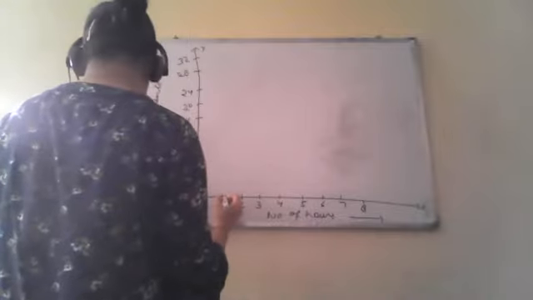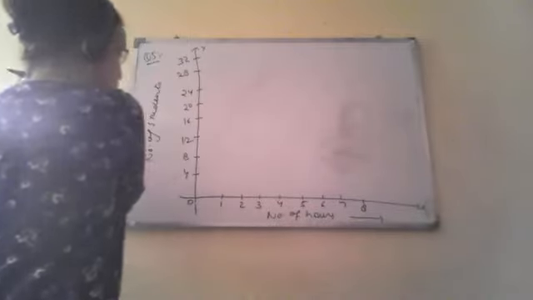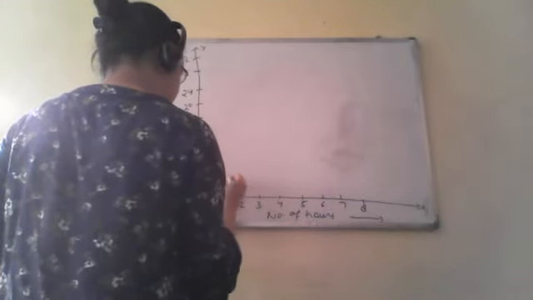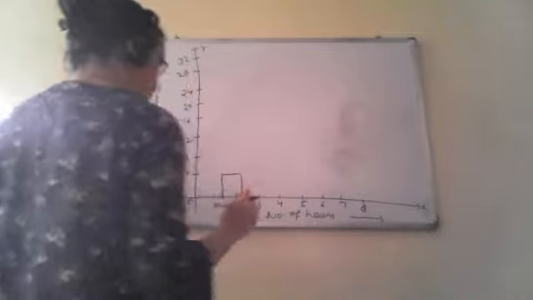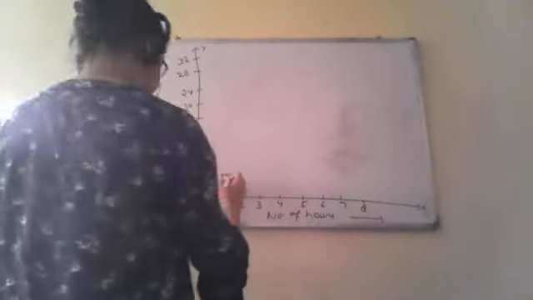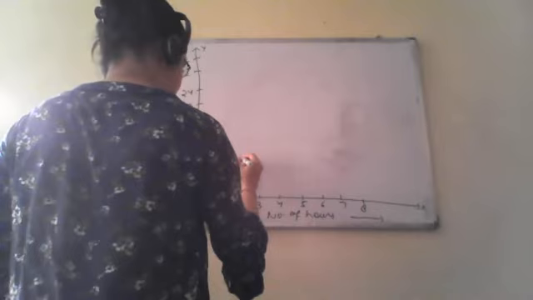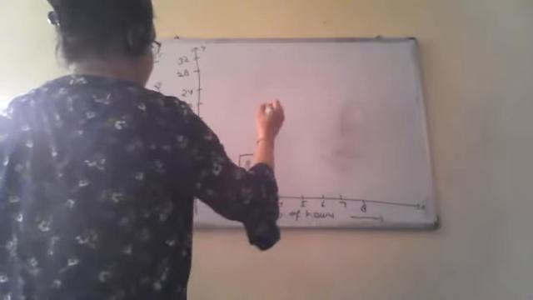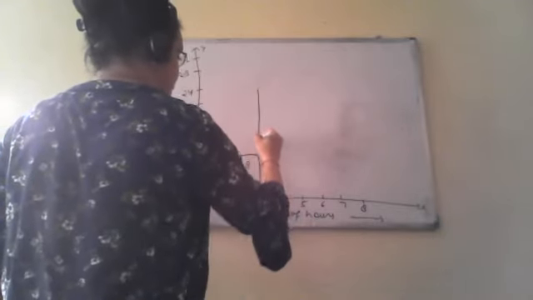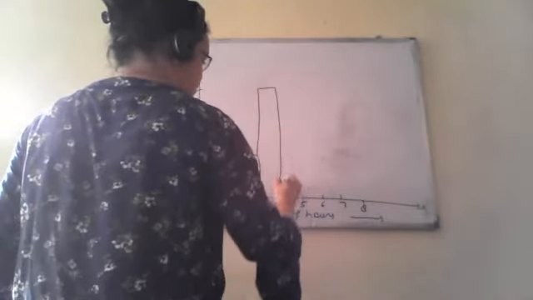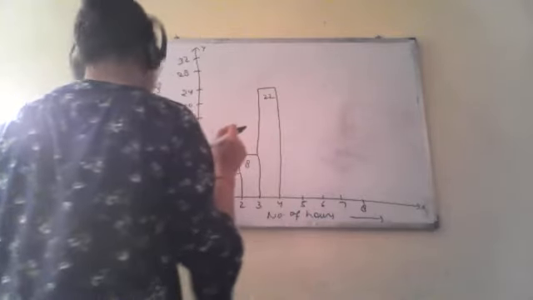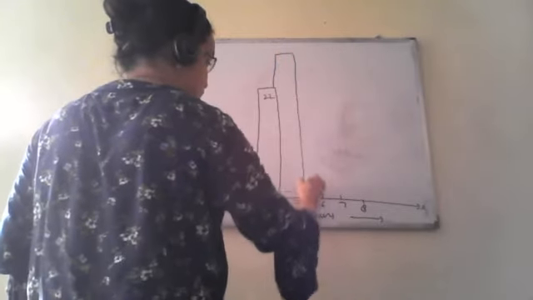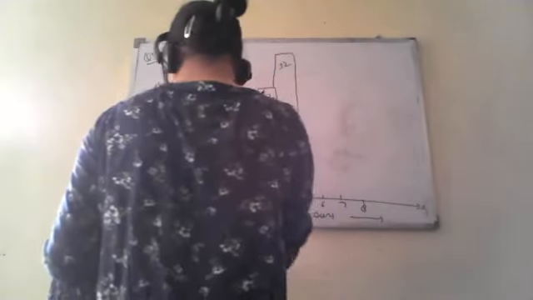So the number of students who watched between 1 to 2 hours, there are 4 students who have watched television for 1 to 2 hours. Okay. So these are 4. Then for the next interval we have 8. Then we have 22. Then we have 32. Then 8.